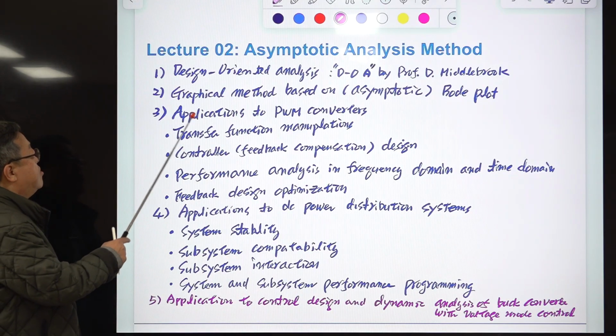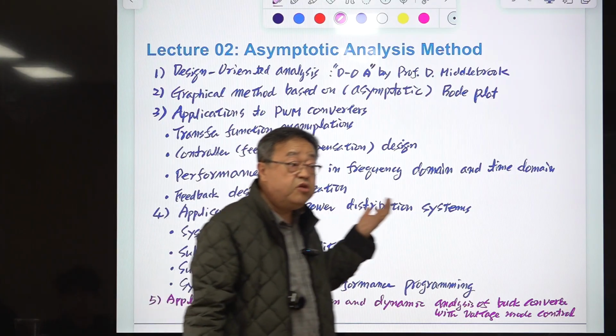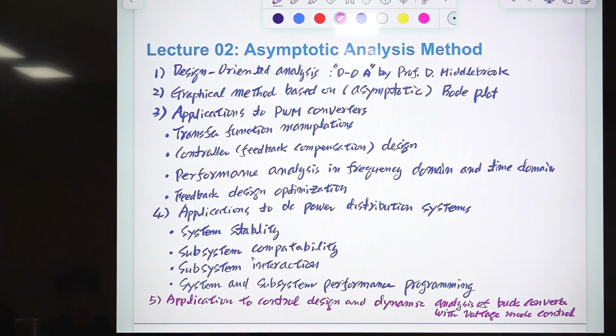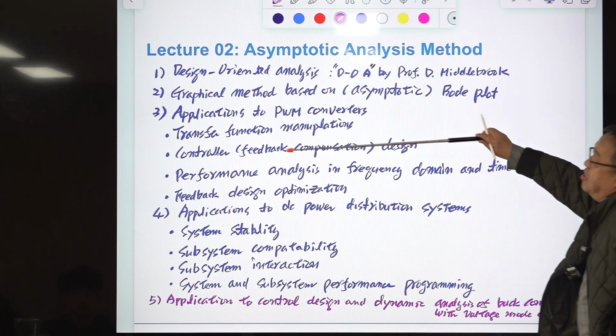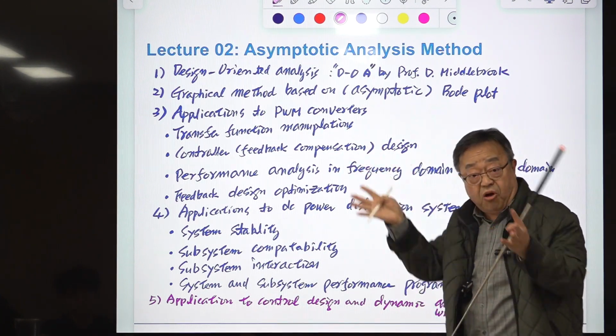Actually, we want to replace transfer function manipulations with this graphical approach. We avoid any tedious calculation, and graphically we gain insight into the transfer functions of very complicated systems.